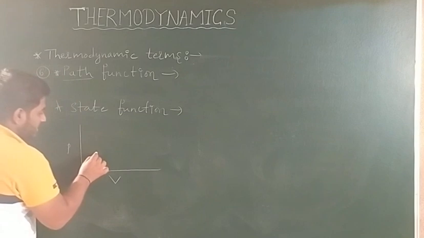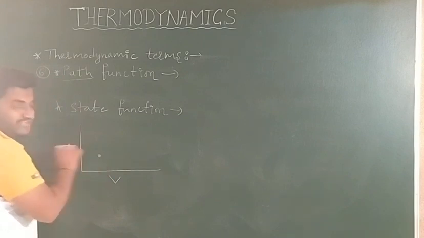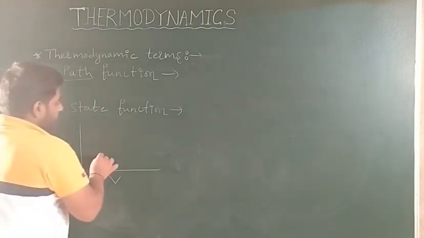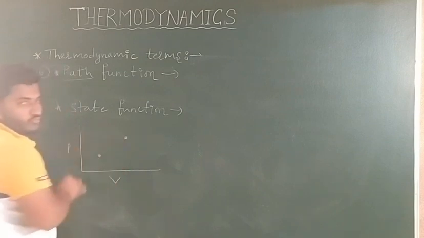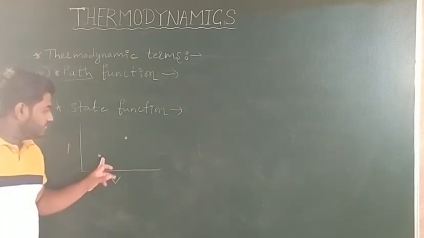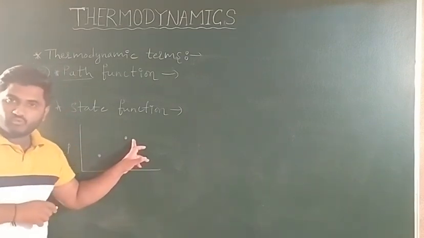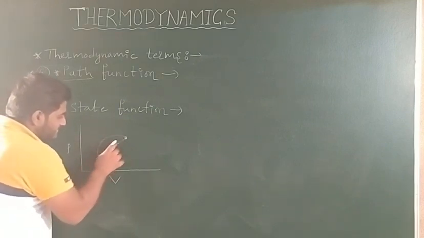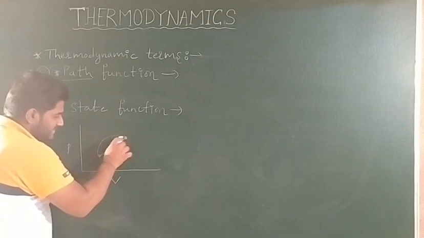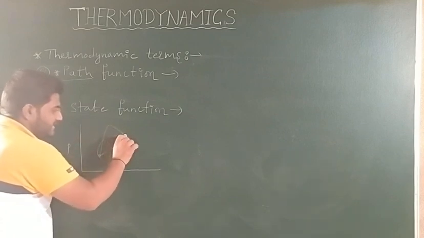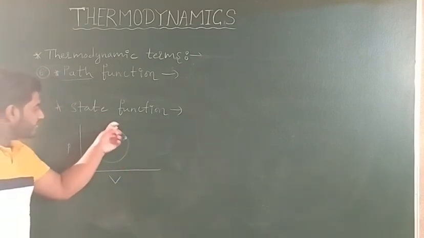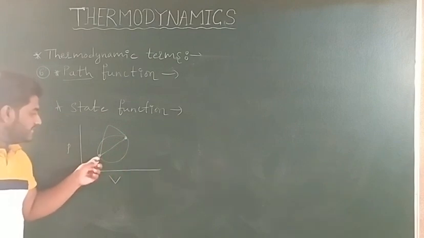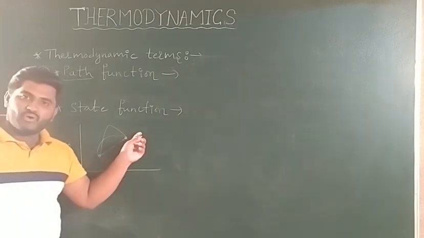Here this is the initial point, and the system wants to move from here to here. It may go like this, like this, or like this. These are all called paths.